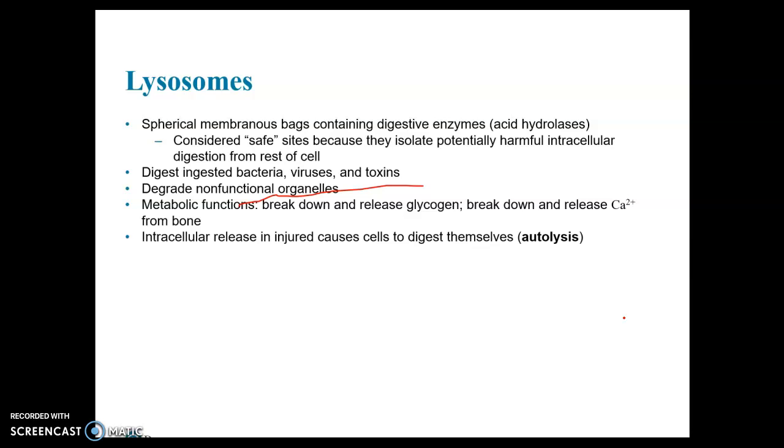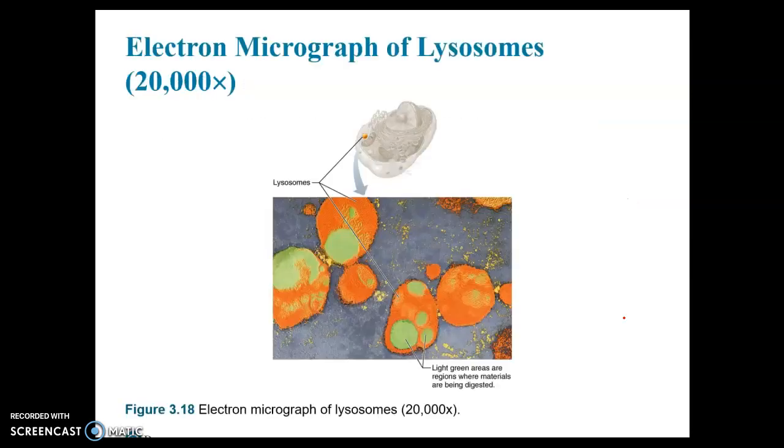That happens when that cell is non-functional, dysfunctional. It just needs to be broken down. It's a bad cell for some reason. And this is an image of lysosomes inside of a cell. It says the light green areas are regions where materials are being digested.